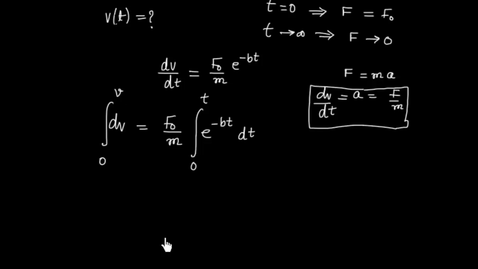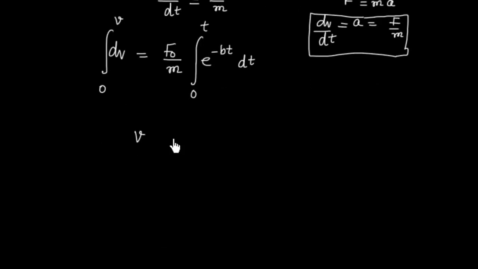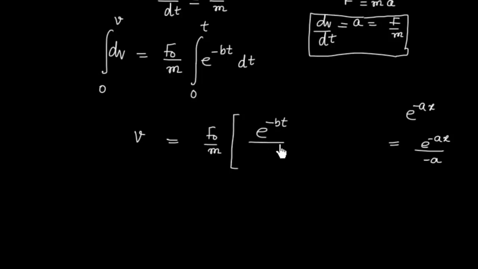velocity is v. So if we integrate, the integration of dv is v, equal to F naught by m, and e to the power minus bt, so e to the power minus ax. The integration of this is simply e to the power minus ax divided by minus a. So in this case we will have e to the power minus bt divided by minus b, and we have to integrate from 0 to t.